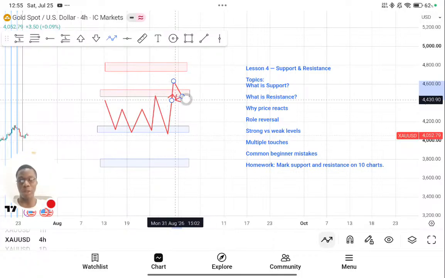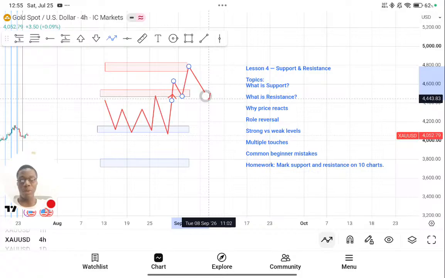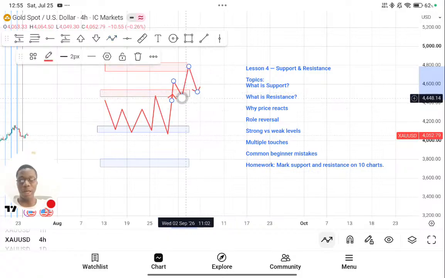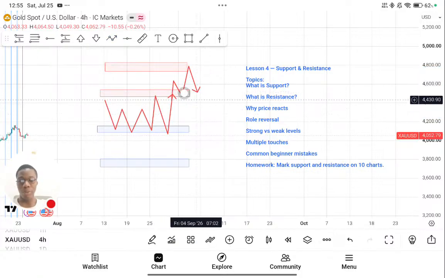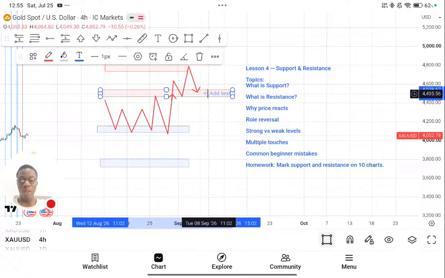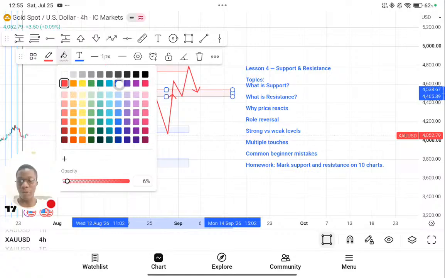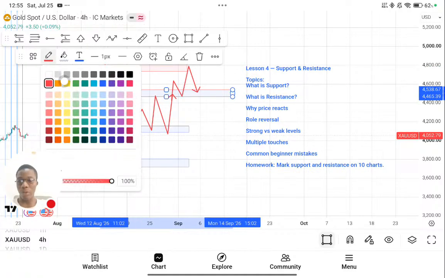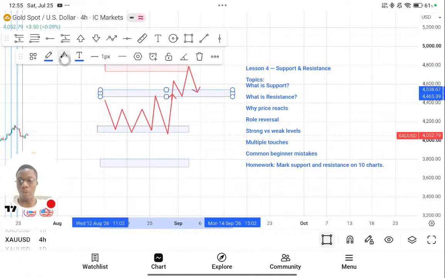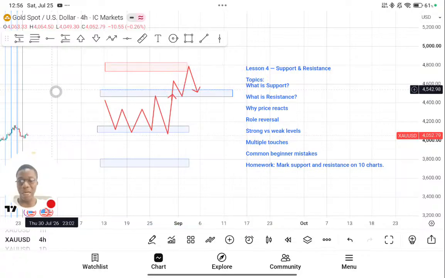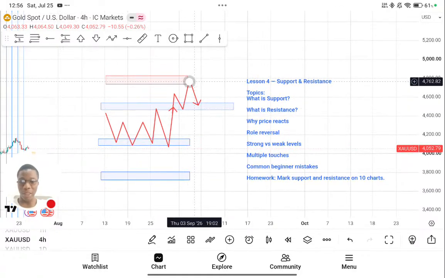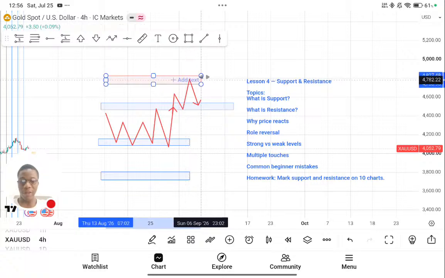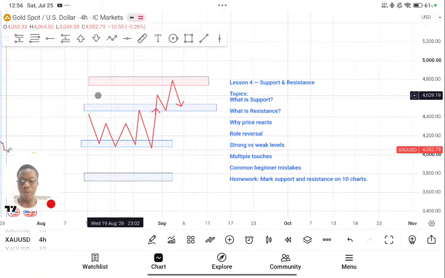But in the case it holds, this guy that was a resistance before can turn to support, right? So it's dynamic, it's not static, then it has another new resistance. So that's how price moves, right?